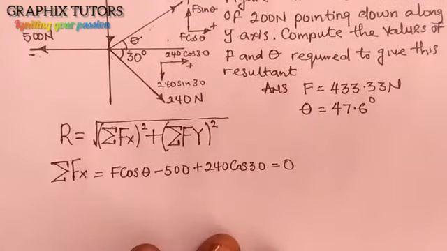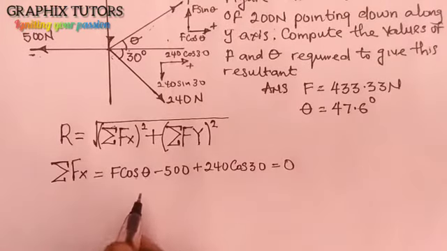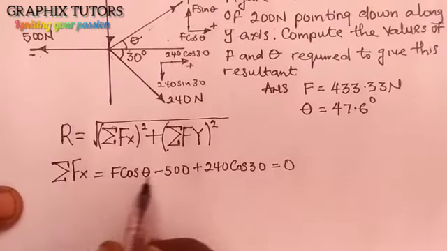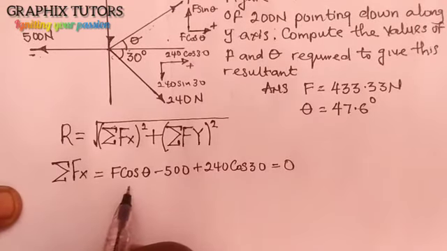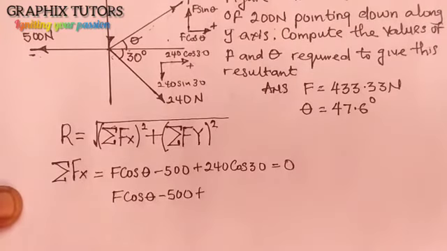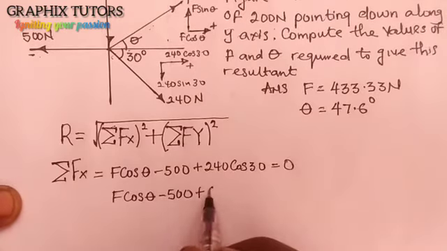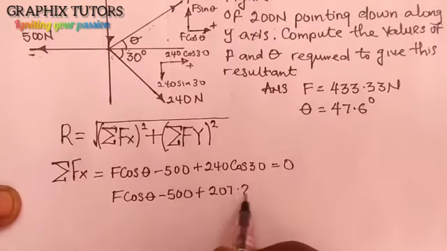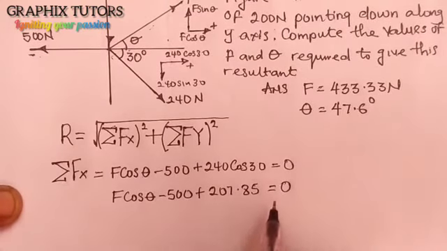Now in this case we'll stick with f cos theta, we don't know it, minus 500 plus 240 cos 30 is going to give us 207.85. So 207.85 equals 0.